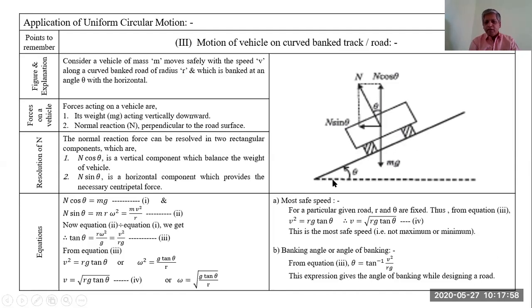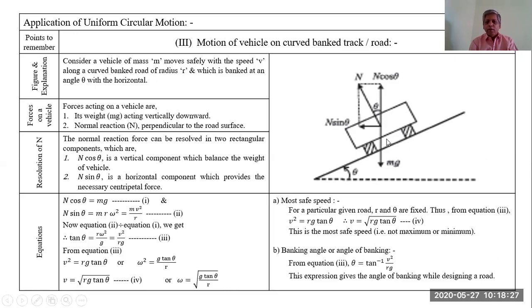Here dotted lines indicate the horizontal surface, and continuous lines indicate the road surface. Here theta is the angle of banking, and this is the vehicle which travels along the banked road. The turn is toward the left side, so the outer edge is at a higher level than the inner edge. This is the banked road.